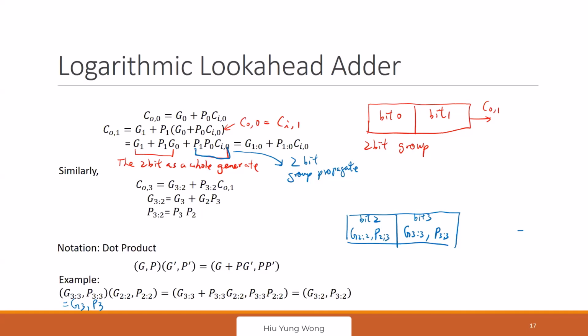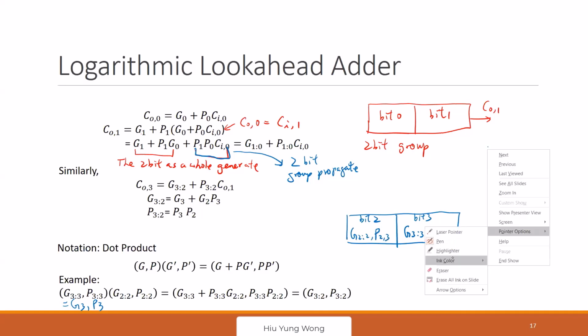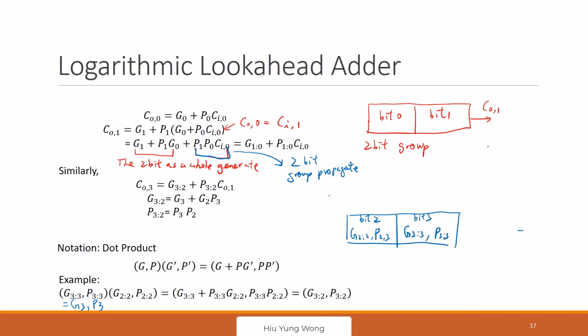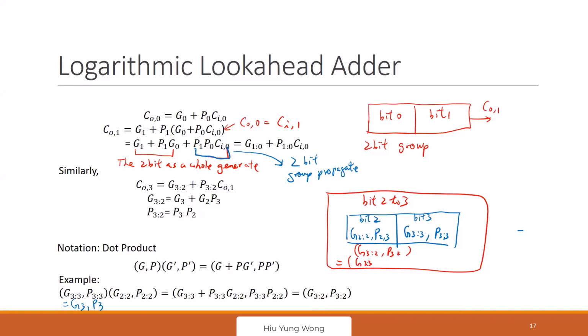Okay. And then if you put them together, the whole thing, the group, this is called bit 2 to 3. The whole thing becomes G32, P32, which is equal to G33 plus P33 times G22, and P33 times P22.